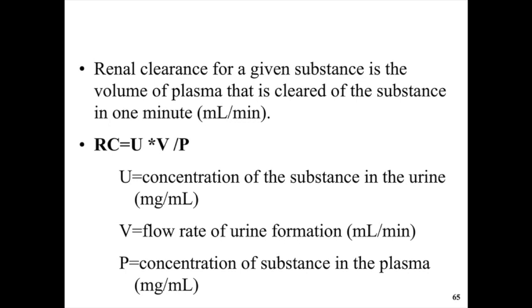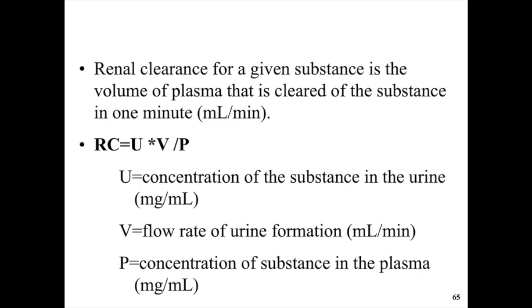For that, we need to know the concentration of that substance in the blood, the concentration of that substance in the urine, and then the rate of urine formation. Don't worry about the equation. I'm not going to ask for the equation, but that's how it works.